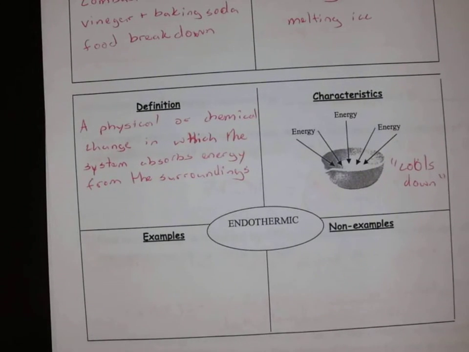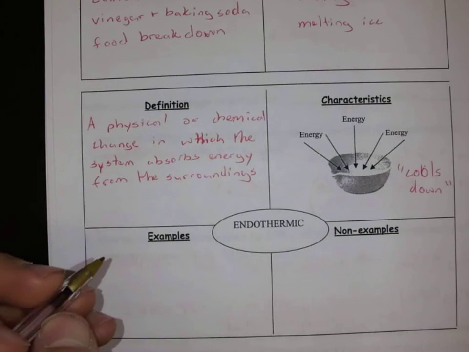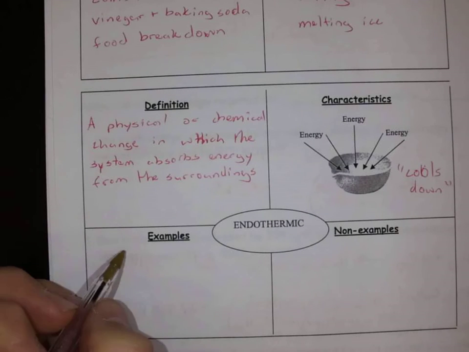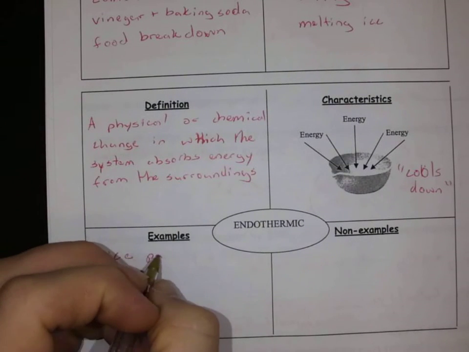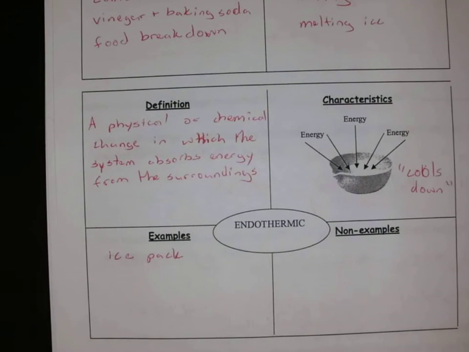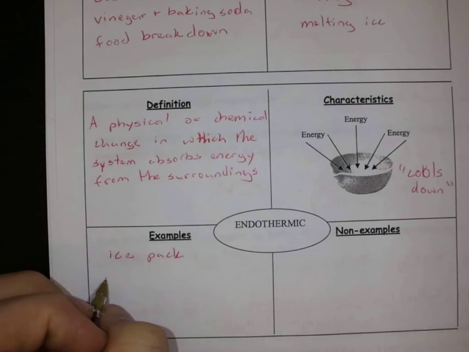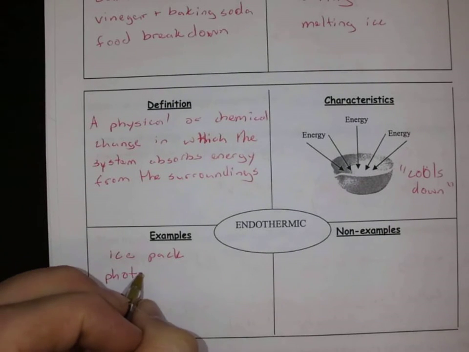An example of this, right, would be an ice pack. If we do a chemical ice pack, it absorbs energy from the surroundings, and then we can put it on wherever it hurts, and it cools that down, right? We could also think about something like photosynthesis.